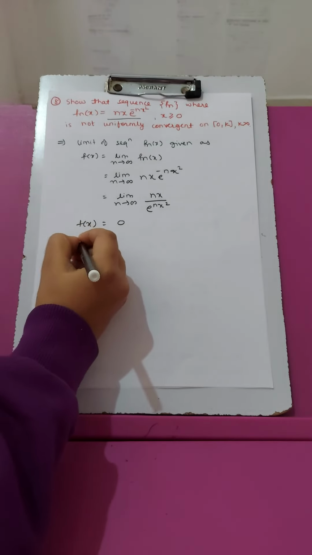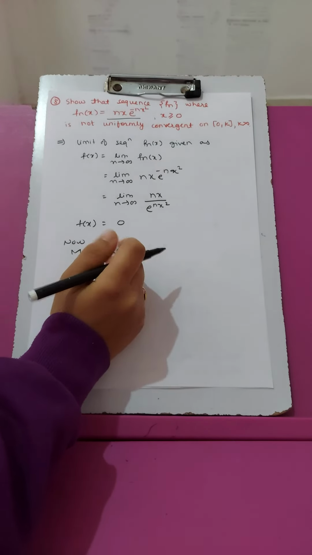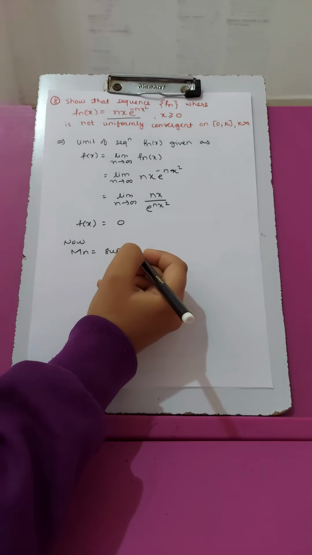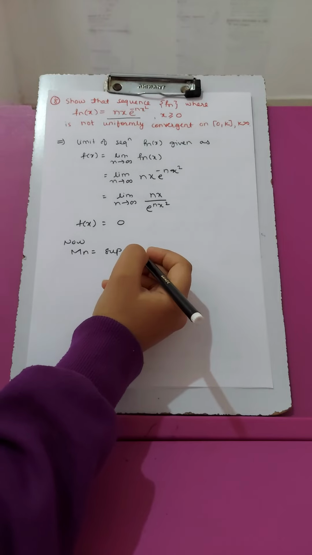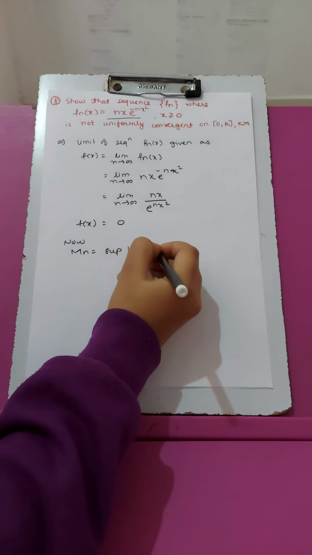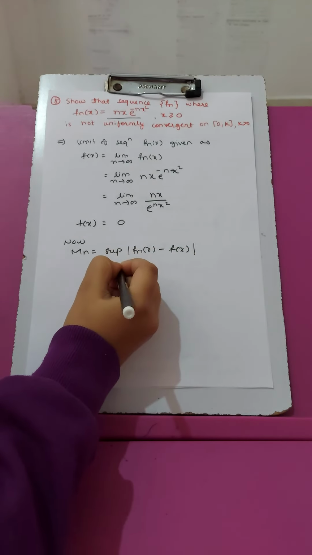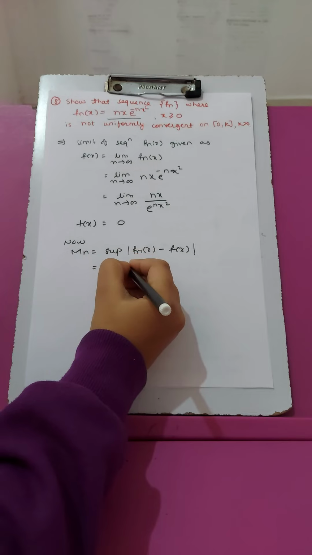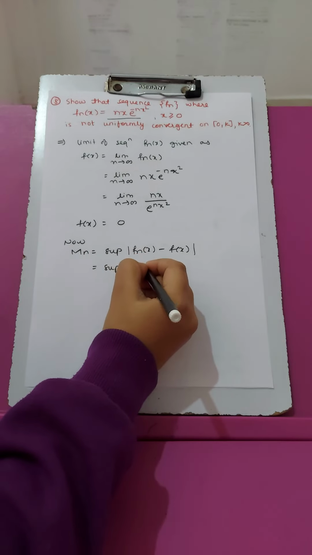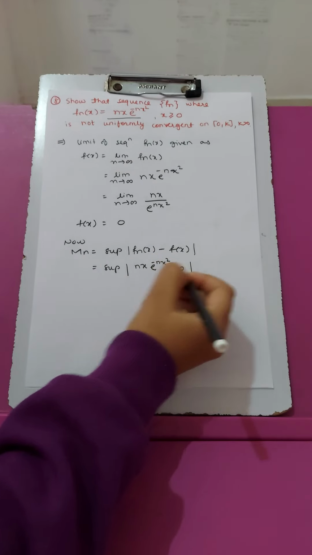Now we know that Mn is equal to the supremum, or lowest upper bound, of fn of x minus f of x. So the supremum of n x e to the power minus n x square minus 0.